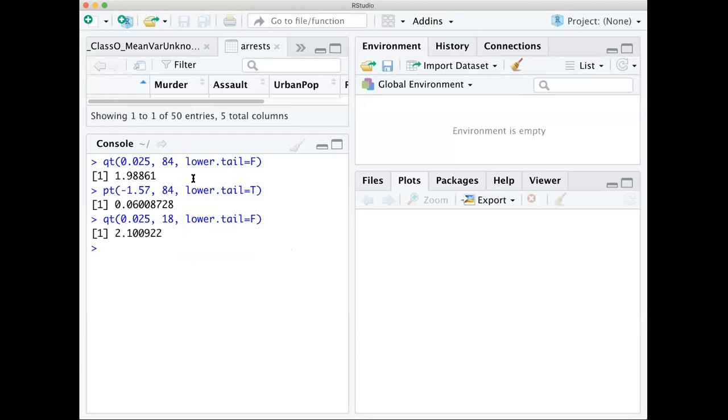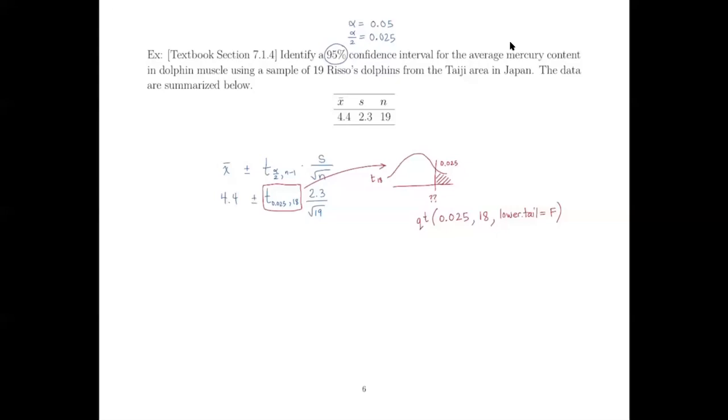Again, I usually round, so 2.101 if I'm rounding. So now we've got 4.4 plus or minus 2.101 times 2.3 divided by the square root of 19.